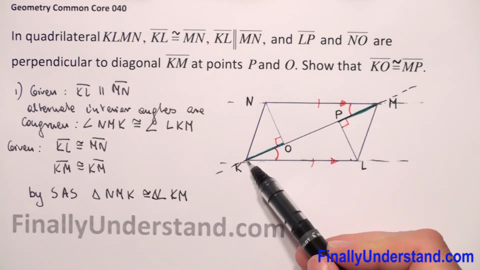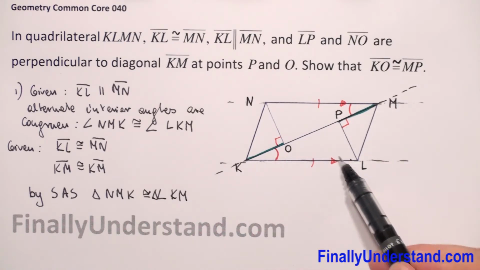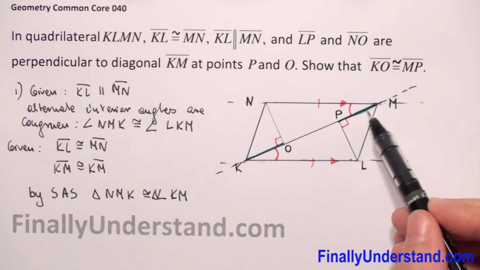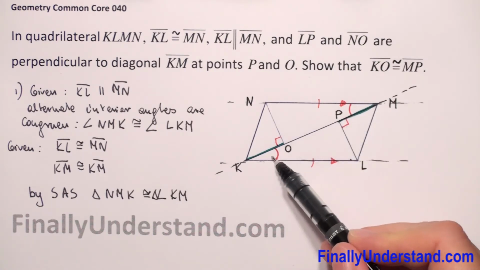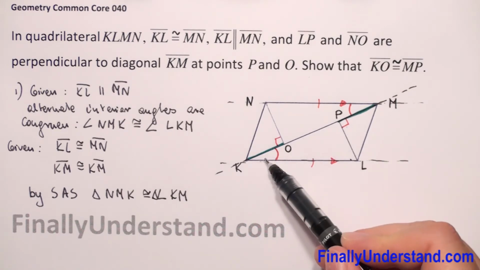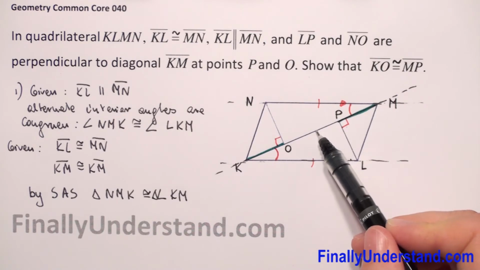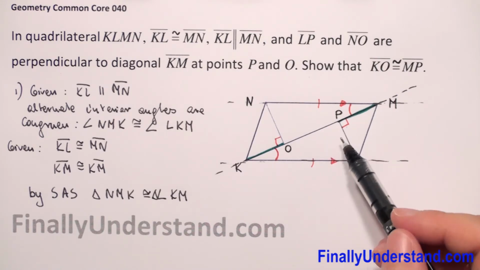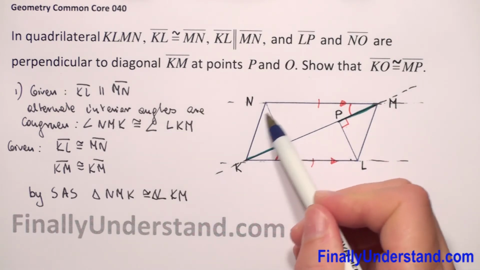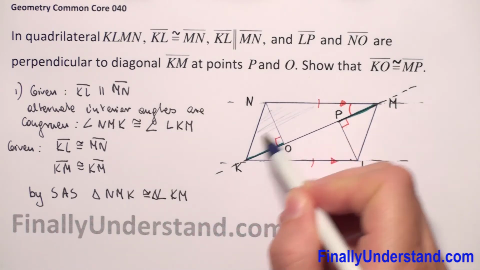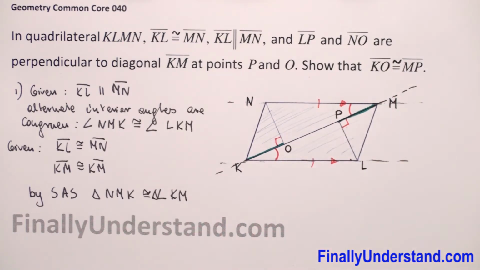We have this side and that side congruent to this side and that side, and these two angles are congruent. So by side, angle, side postulate, we have that these two triangles, shade them maybe, these two triangles are congruent.